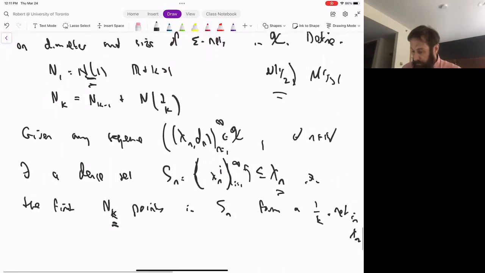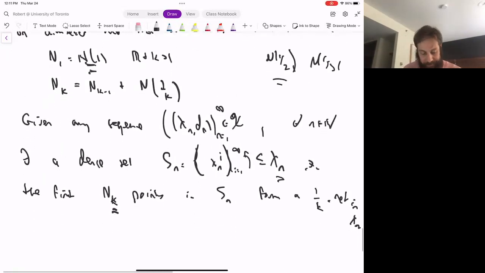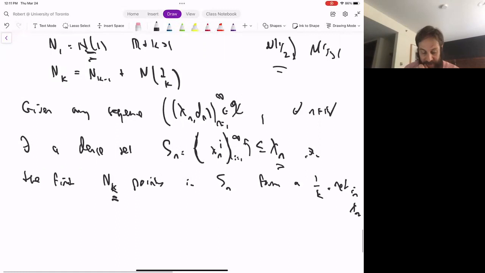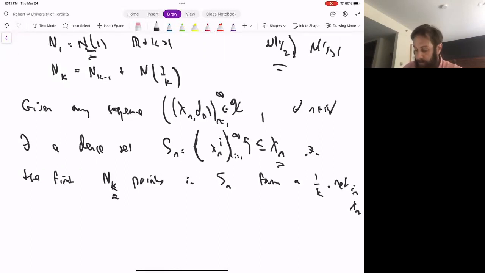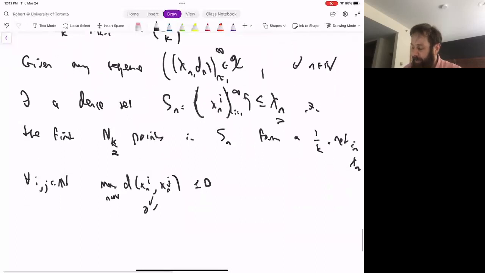And now I have this diameter bound. And so for every natural number i and j, the maximum over n of the distance between xni and xnj is always less than d. And these distances are all non-negative, and so they all lie in this compact interval between 0 and d.